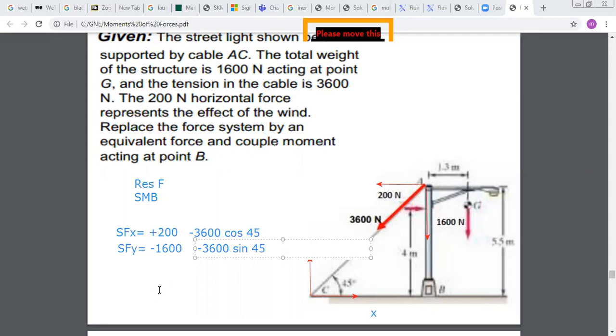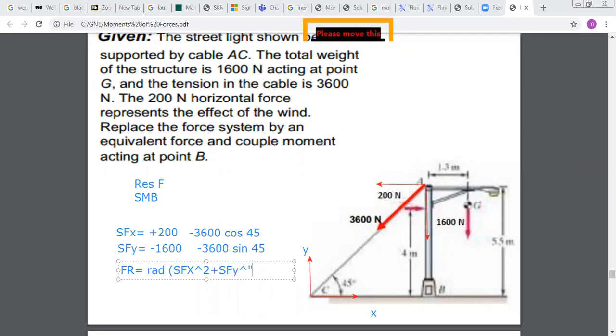Okay, so now I found my resultant x and resultant y. So I can say that the resultant force F resultant is equal to the radical of the sum Fx squared plus the sum Fy squared.